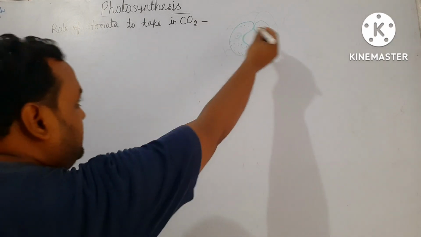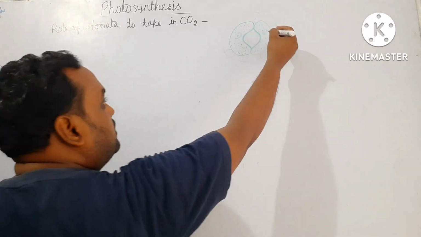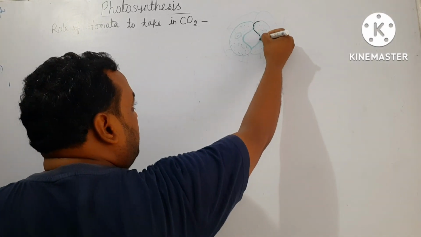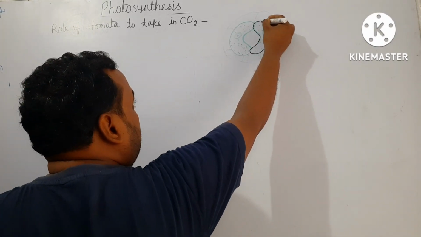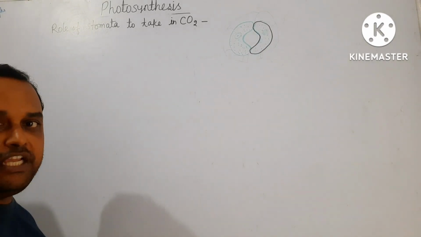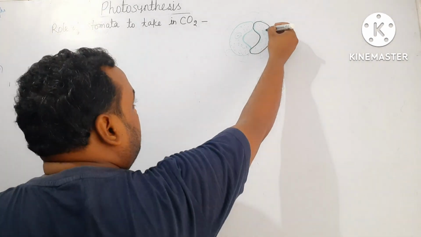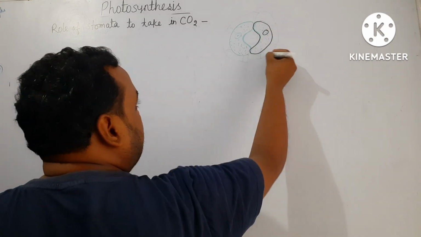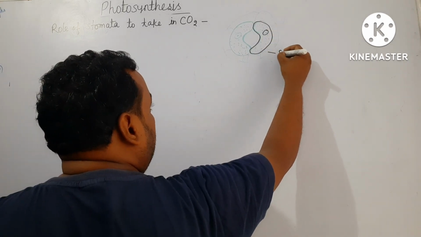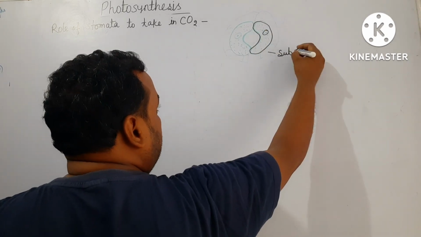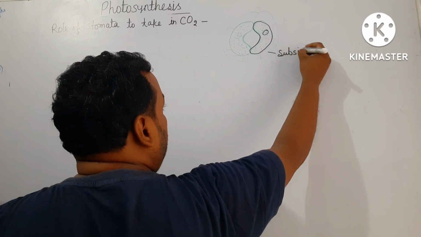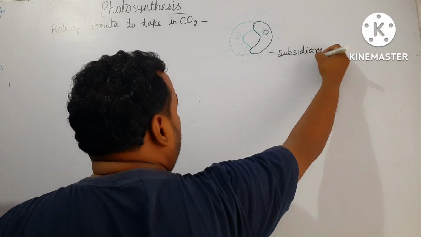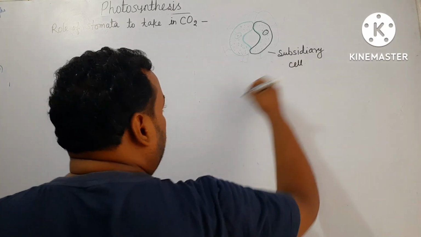Now this is the structure of the stomata. It is kidney shaped or bean shaped. You can see here the nucleus is present and it is greenish in color. The outer layer is known as subsidiary cells.